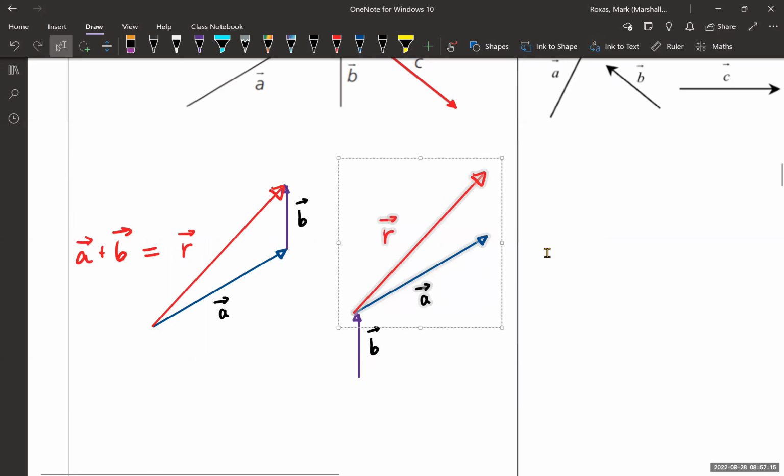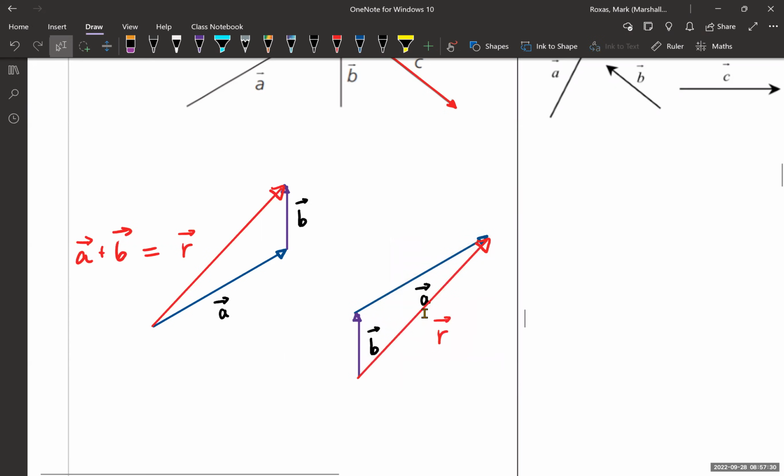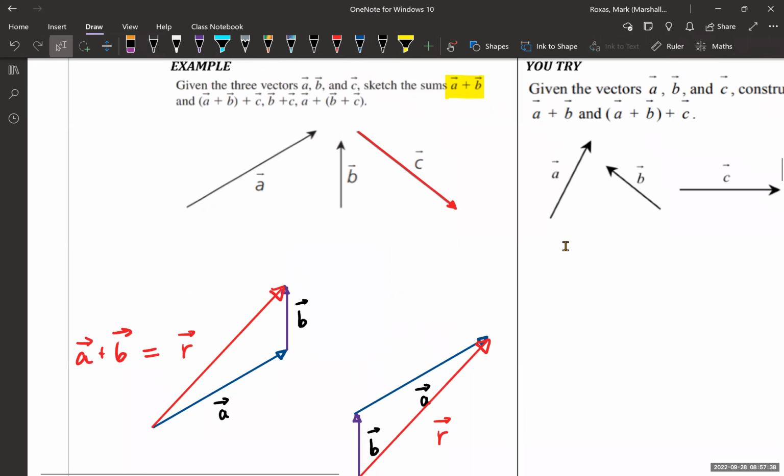I can take this resultant and shift it down here, and it should fit like that. So the resultant is still the same no matter which way I add the vectors, A plus B or B plus A. Okay. Looking at the second one, A plus B plus C.